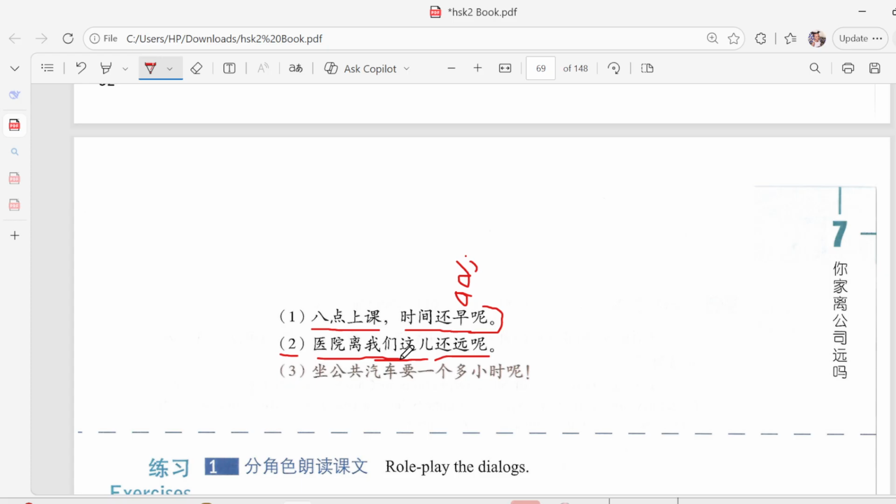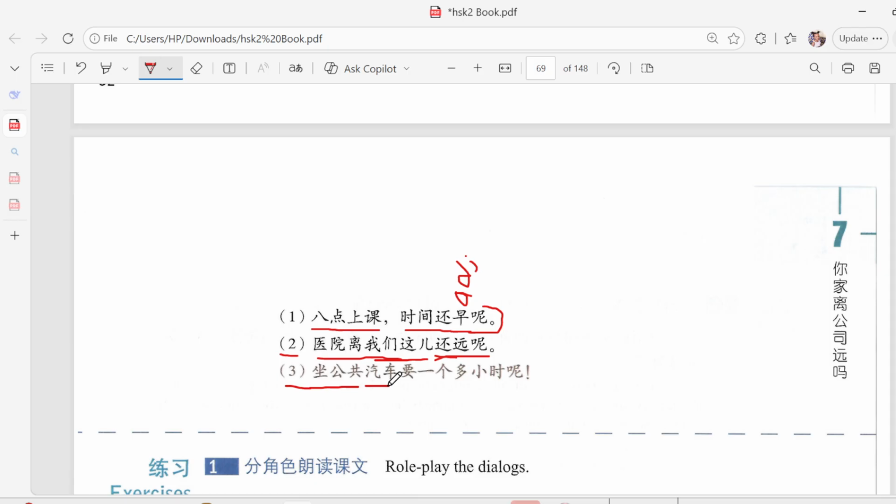Let's say we are together at home and then the hospital is like 50 kilometers from here. So it will be 很远, very far. Okay, 还远, sorry. This is 还, there's no 很. This is 还远. Yes. So then we have number 3.